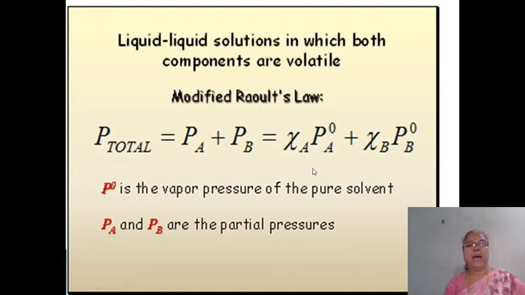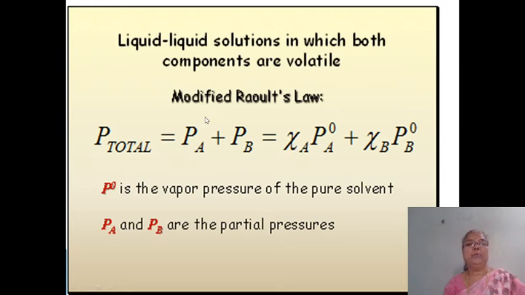Simply remember that according to Raoult's law, the partial vapor pressure of any constituent is the product of the vapor pressure of that constituent in the pure form multiplied by its mole fraction.